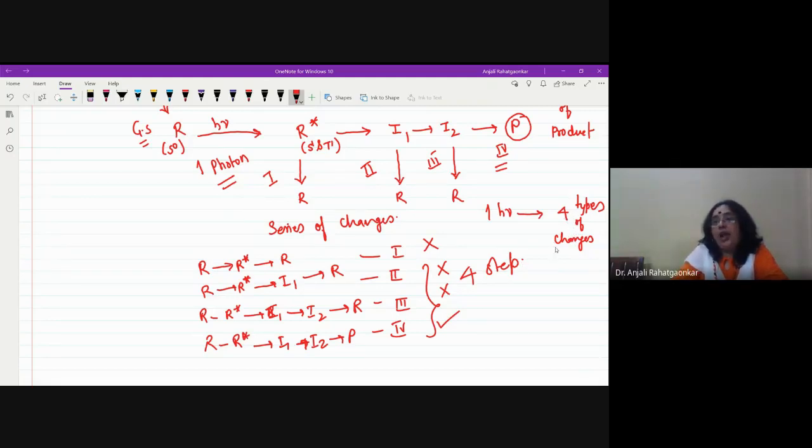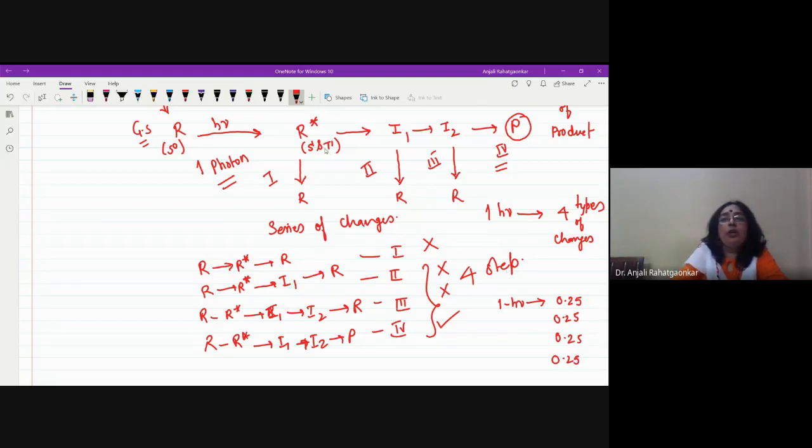So if I have four different changes, out of one photon, how much energy for the first change is nothing but 0.25. So I am dividing this energy into four fractions, right?